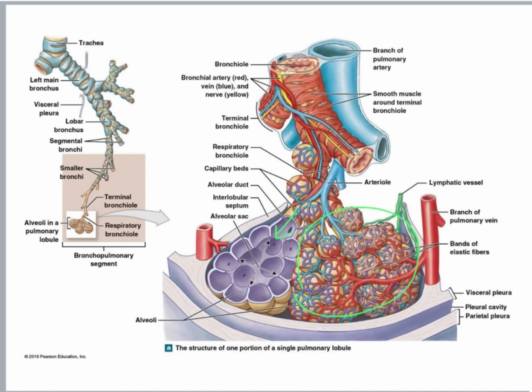As you can see, we have bands of elastic fibers surrounding the alveolar sacs, and this elastic tissue helps in the maintenance of the shape and position of each alveolar sac during inhale and exhale, because as I mentioned before, we do not have cartilage in this area, because the presence of cartilage would not allow the gas exchange to happen.